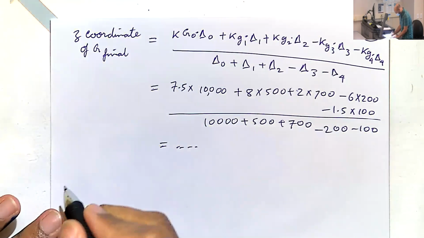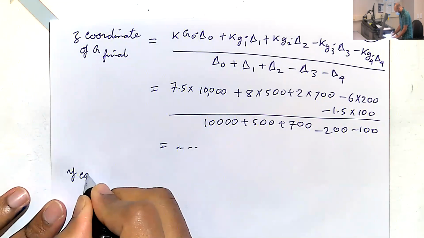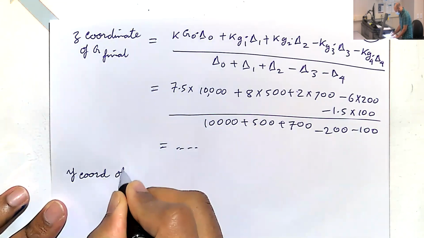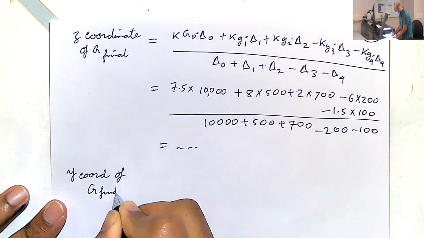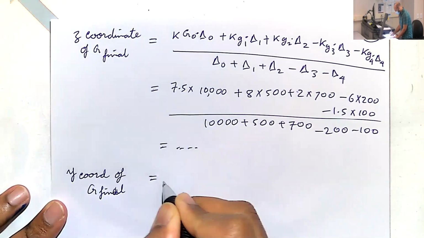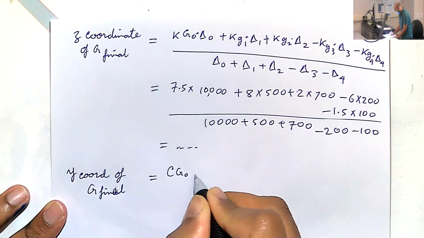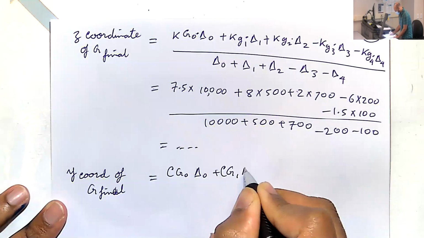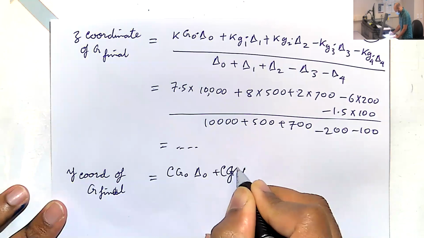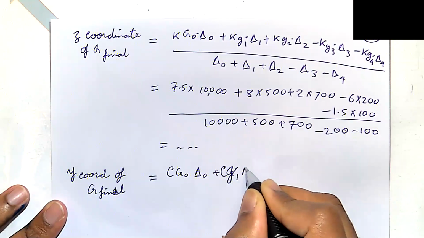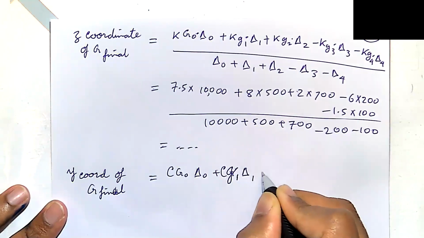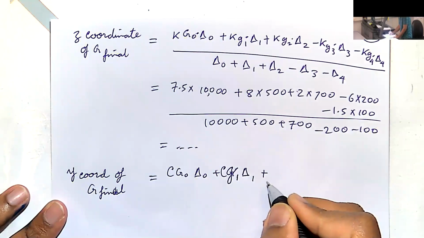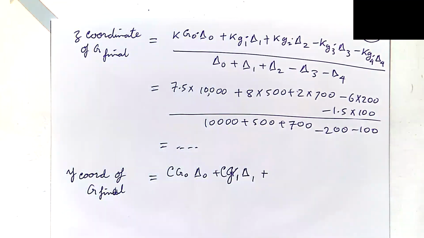Okay, same way we compute the y coordinate of G final is CG0 delta 0 plus CG1 little g delta 1 plus, okay.